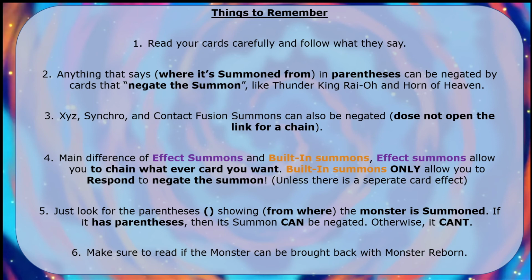Now, the main difference between the effect summons and the built-in summons is that the effect summons allow you to chain whatever cards you want, and the built-in summons only allow you to respond to negate the summon, unless there is a separate card effect. But a card effect has nothing to do with the summoning. It's two separate sections. So again, just look at the parentheses showing from where the card is coming, and if it has parentheses, then the summon can be negated, otherwise it can't.